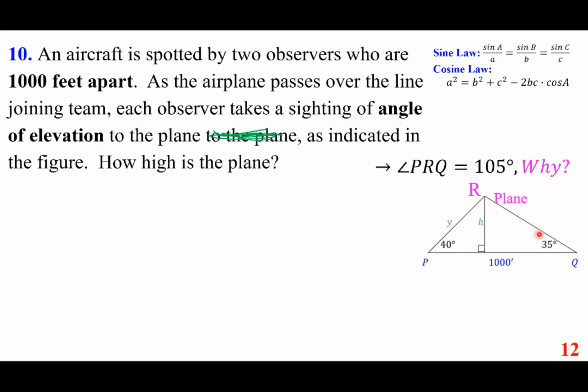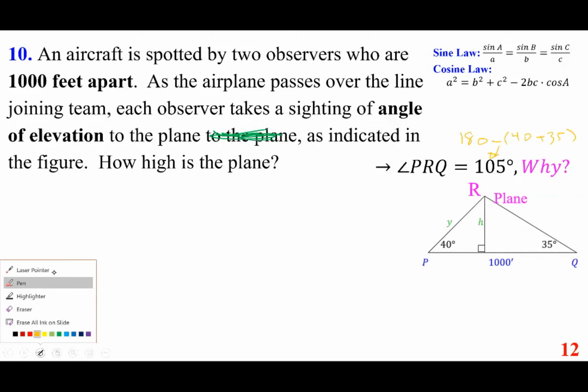So the angle of P or Q, 35 and 40, 75, when you subtract it from 180, so you get 180 minus 40 plus 35, and that's Y, it's 105 degrees.